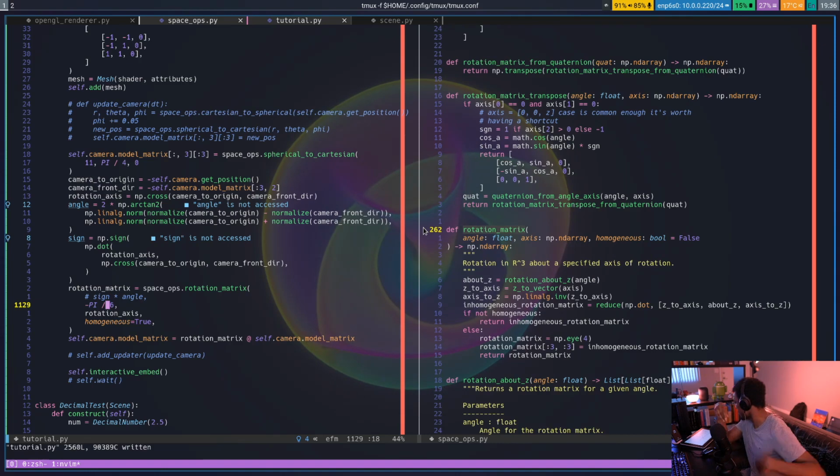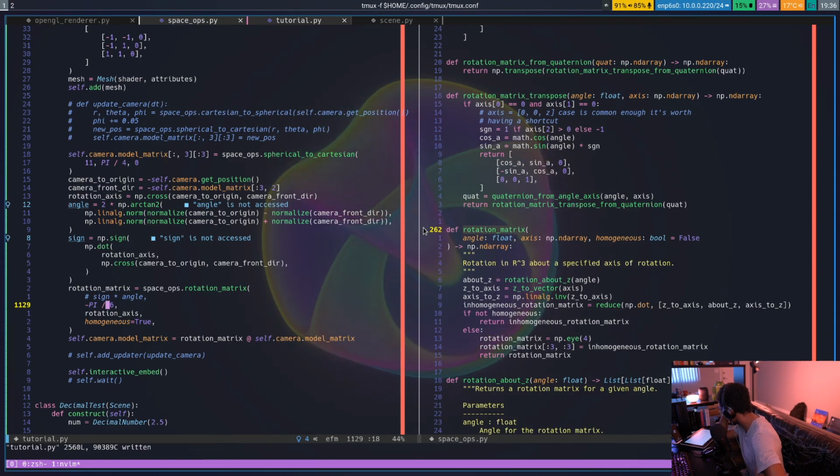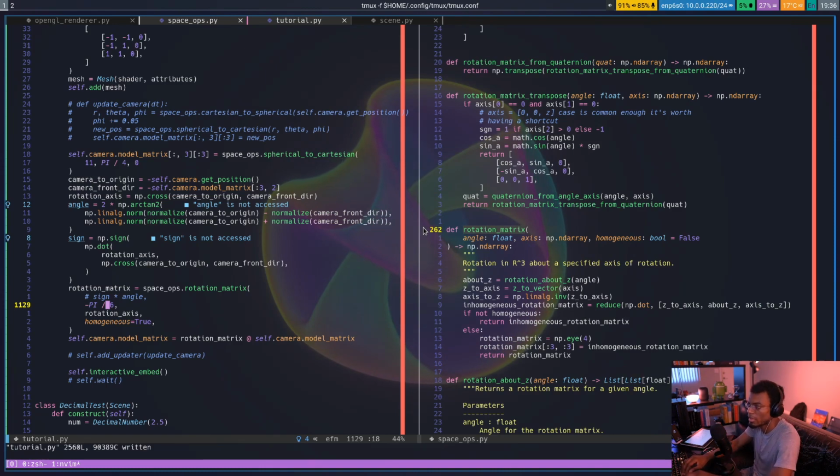I wonder if something's wrong with my math here. The rotation axis, camera to origin and the camera front direction.